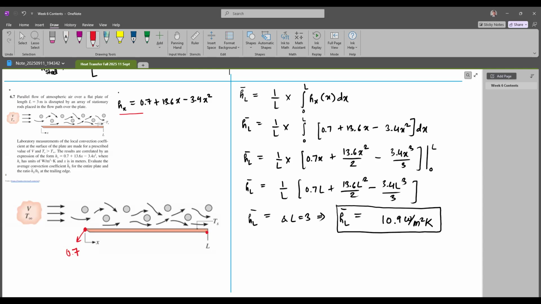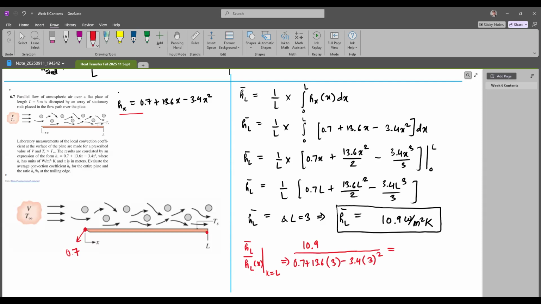So at the trailing edge, we are going to have HL bar over hx at x equal to L, which would be 10.9 over 0.7 plus 13.6 times 3 minus 3.4 times 3 squared.